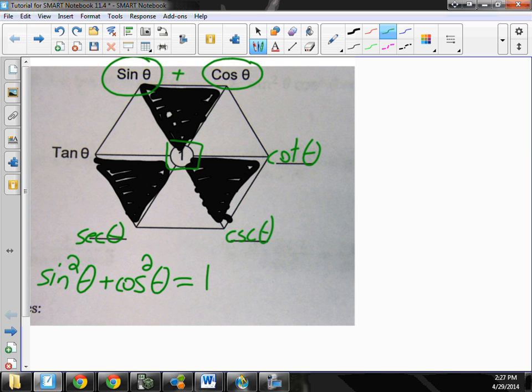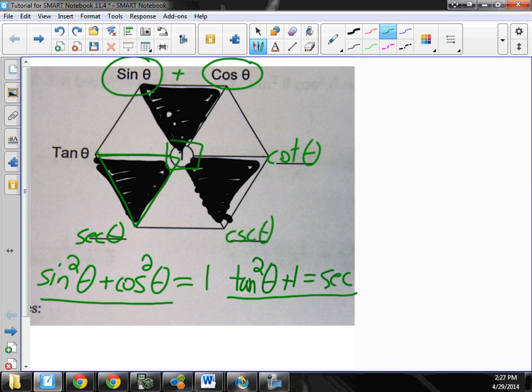So that's the first Pythagorean identity. Okay? If we switch shaded triangles, and now we talk about this one, what would that identity look like? So the top left squared plus the top right squared equals the bottom squared. Tangent squared of theta plus 1 equals the secant squared of theta.